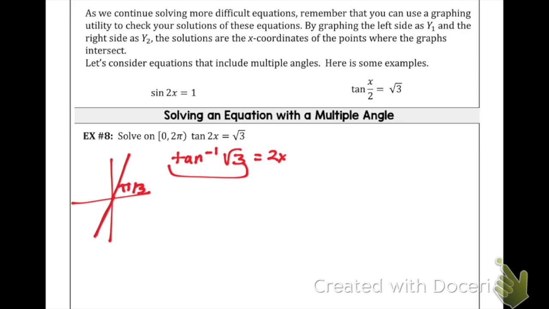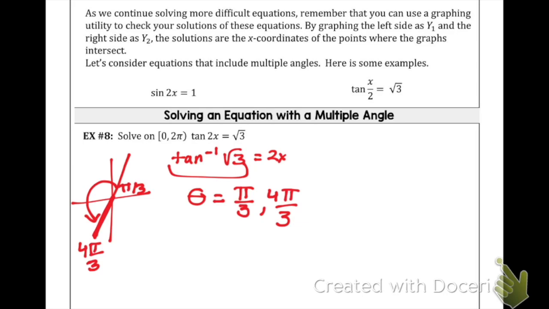But it also is going to be the same slope down here in quadrant 3, which would be 4/3 of a pi. So normally we would say theta is equal to pi over 3 and 4 pi over 3, right?